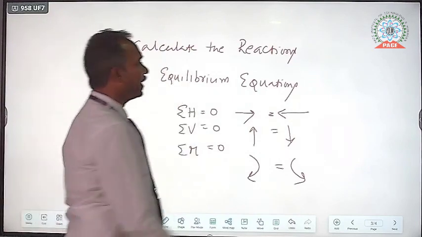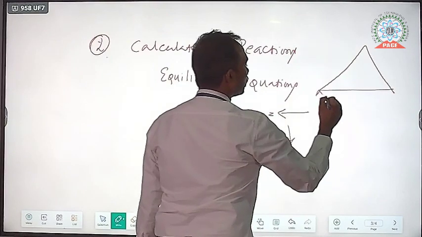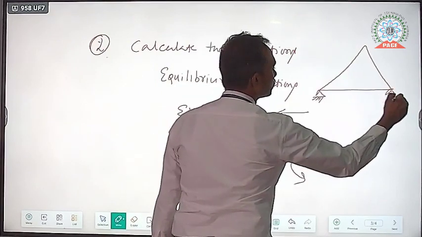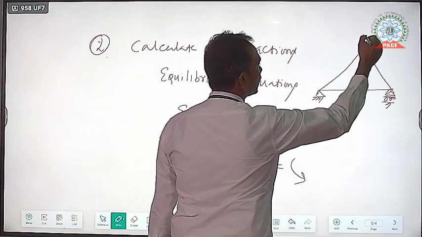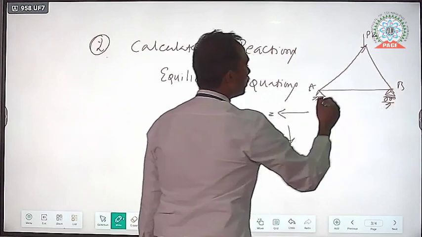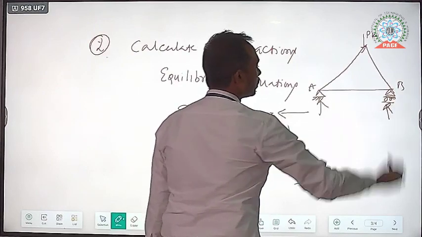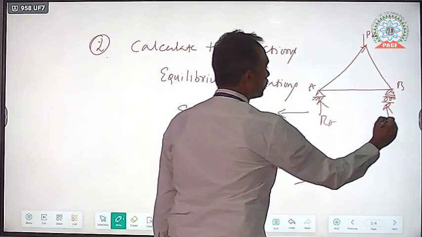Let us take the truss like this, carries the point load here, kilonewtons, AB. So the reactions we can calculate, reaction at A, reaction at B, by using these equilibrium equations.